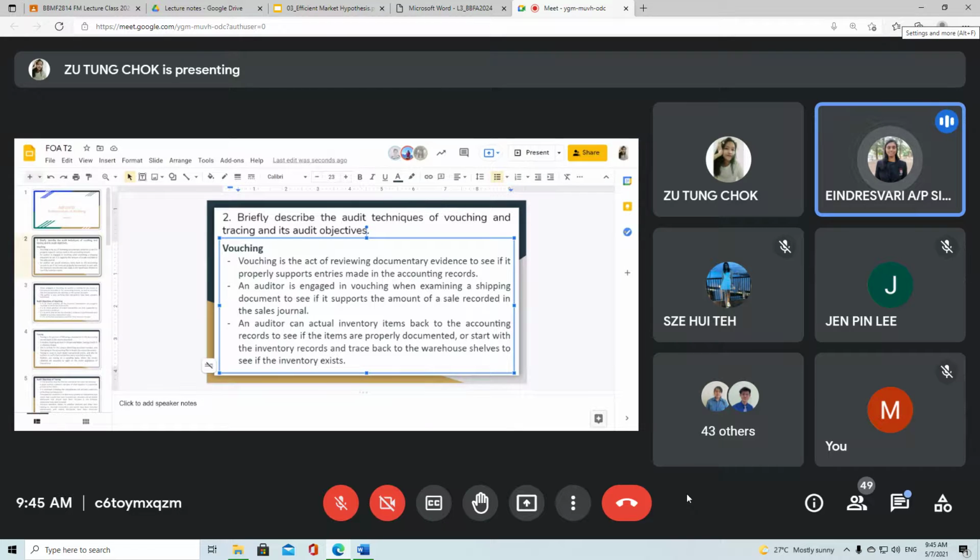Audit procedures for vouching. If no answer from you, no answer from me. Okay?